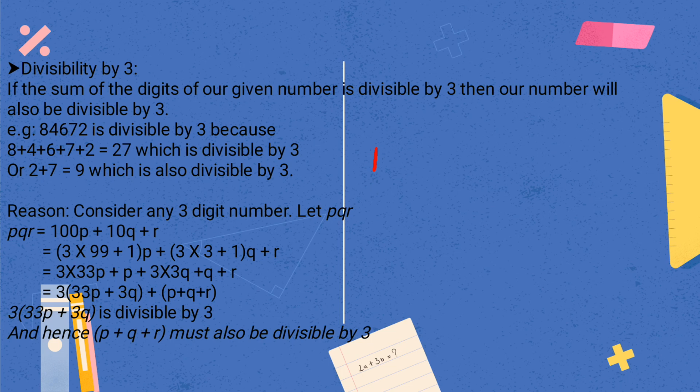If you take 3 common, you get 3 times (33p plus 3q) plus p plus q plus r. Clearly, 3 times (33p plus 3q) is divisible by 3, so p plus q plus r must also be divisible by 3 for the number to be divisible by 3.